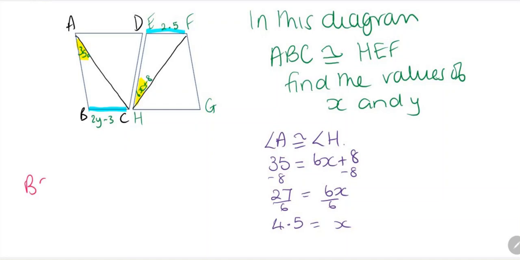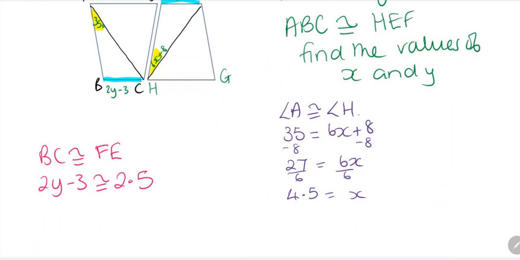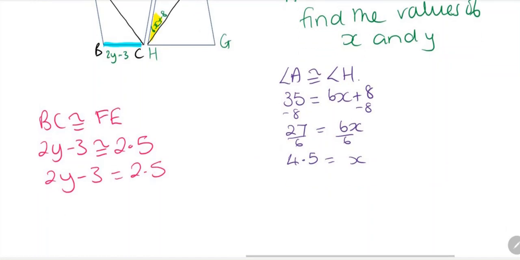So BC is congruent, so B to C is congruent to F to E. And this is 2y minus 3, and this is congruent to 2.5. So I'm going to make it equal. 2y minus 3 is equal to 2.5. And I'm going to add 3 to both sides.